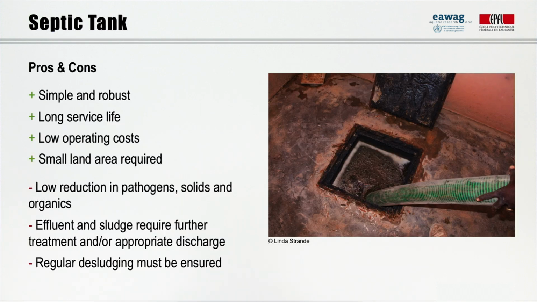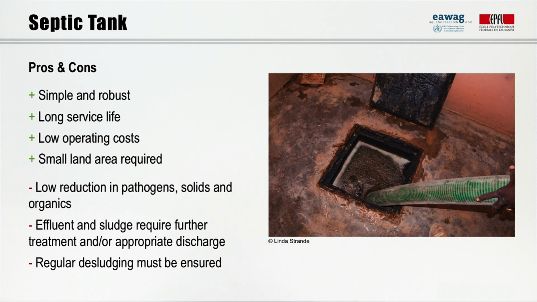The good thing about septic tanks is that they are passive and do not require electrical energy to function. This makes this technology quite robust. Construction is relatively costly, but the technology has a long service life and requires little maintenance. The costs for mechanical emptying, however, may be considerable. Little space is required because this technology is typically built underground.